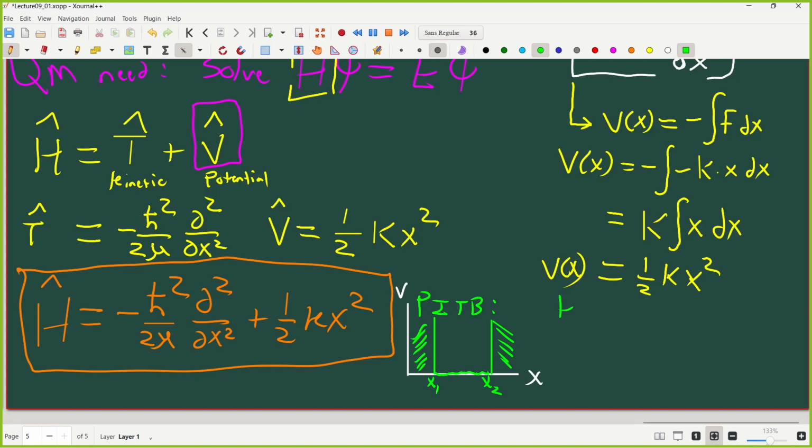But in the harmonic oscillator, which I'll write HO here, we have something that isn't square anymore. Our particle now exists in a space that looks like this.